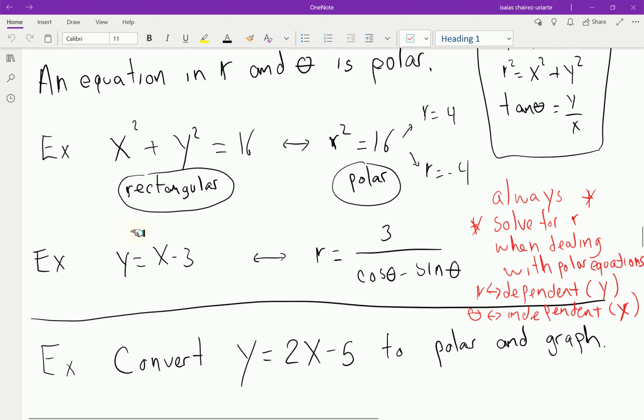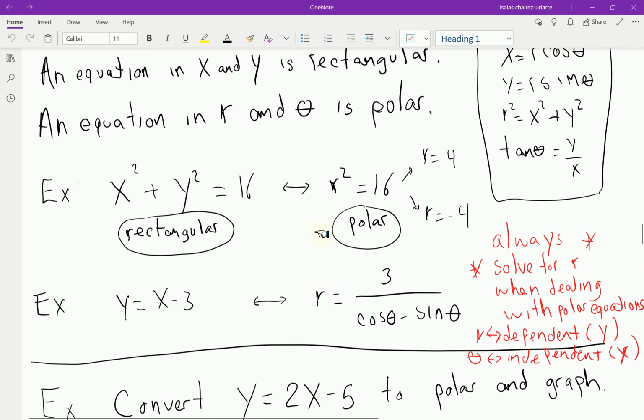Okay, so here I have another example. I have a rectangular equation, y equals x minus 3. That just represents a line with y-intercept of negative 3 and slope 1. I can change this equation to its corresponding polar form, and its corresponding polar form is r equals 3 over cosine theta minus sine theta. How did I make this change happen?